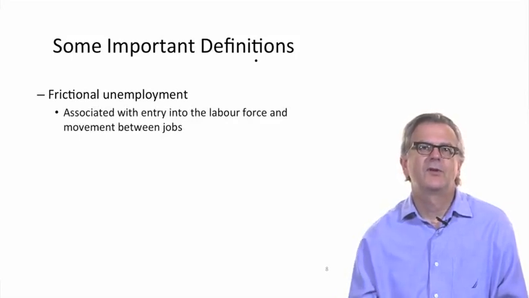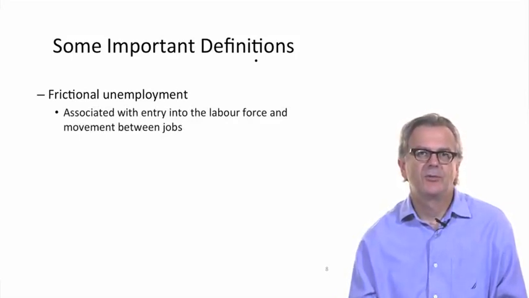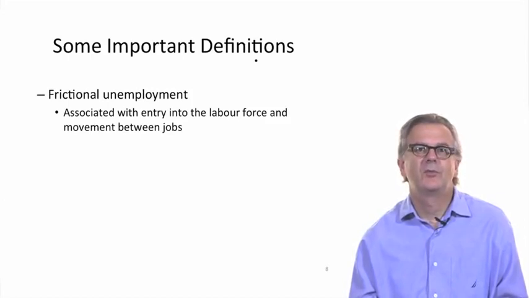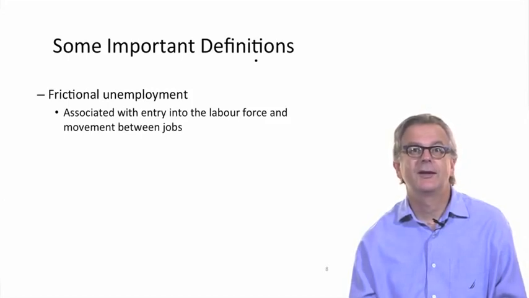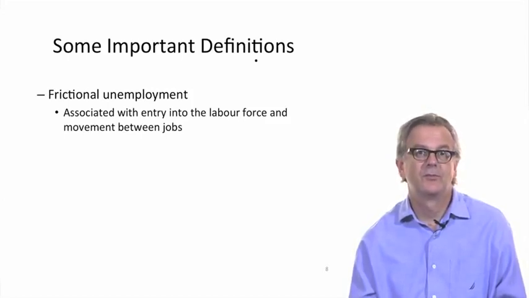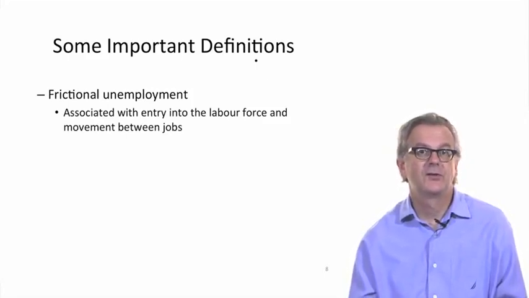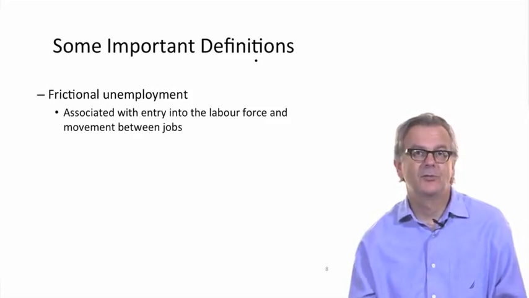First is what is known as frictional unemployment. Frictional unemployment is the unemployment that we observe, for example, when a young person completes their schooling and is searching for their first job, or when an employee resigns from their existing job and spends a period of time searching for their new job.